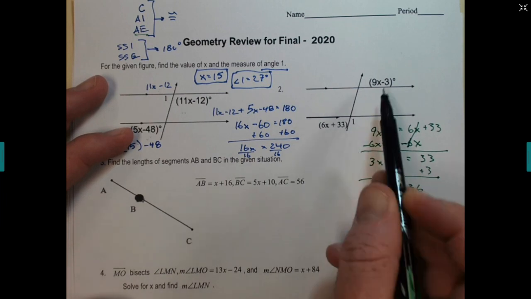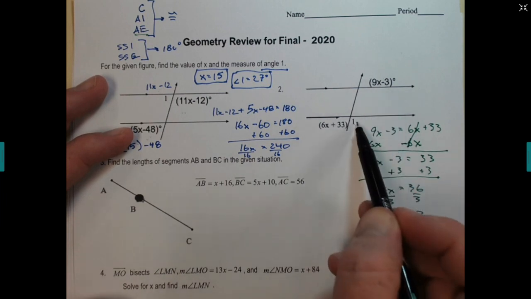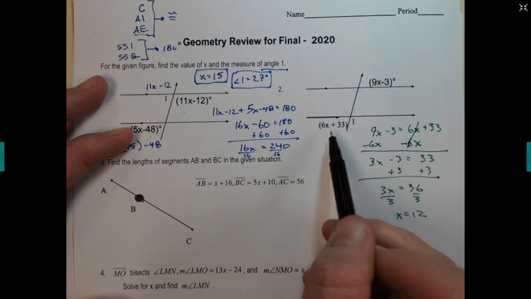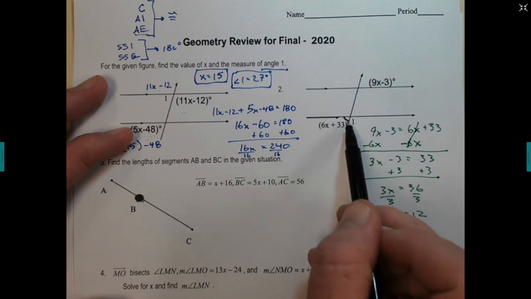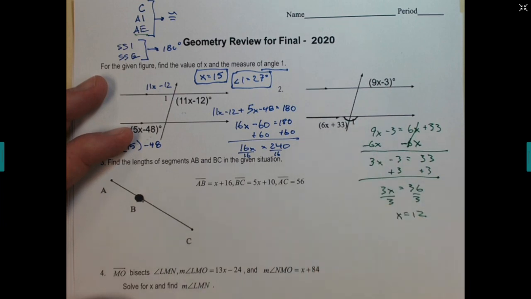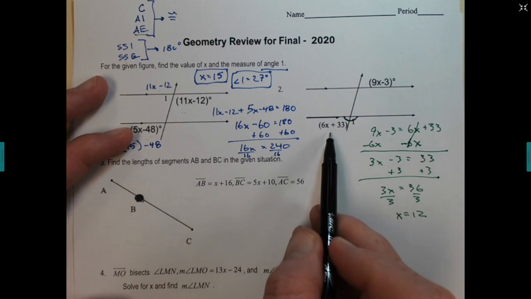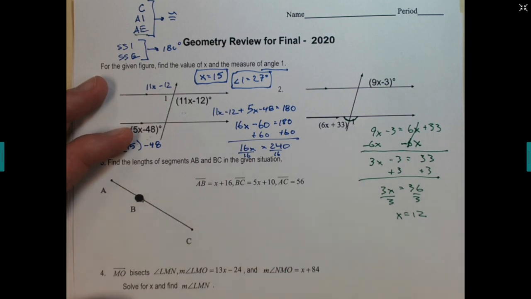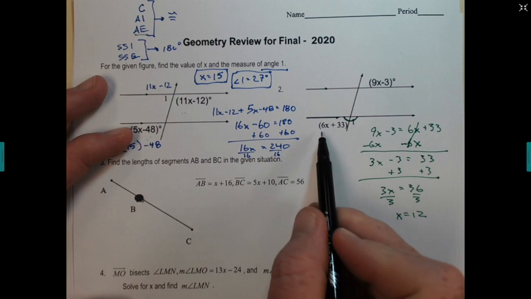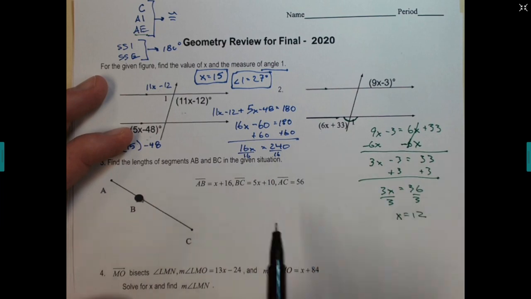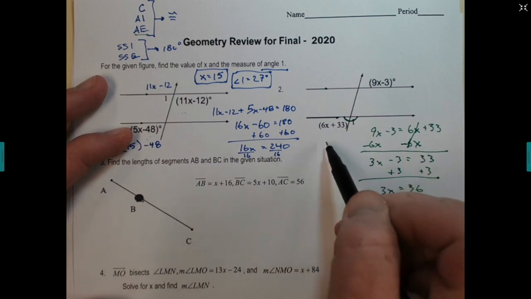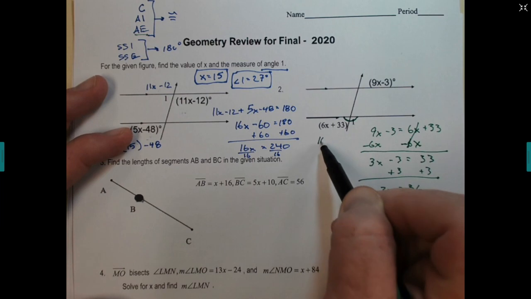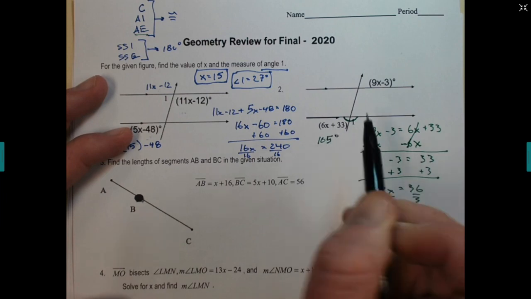Now, angle 1 isn't the same as this one up here. But I do know that these two angles form a linear pair. So if I find this one, I can subtract it from 180 and find the other one. 6 times 12 is 72 plus 33, which gives me 105 degrees.